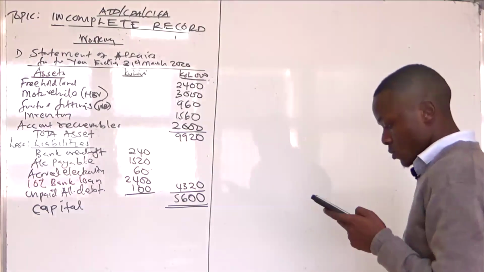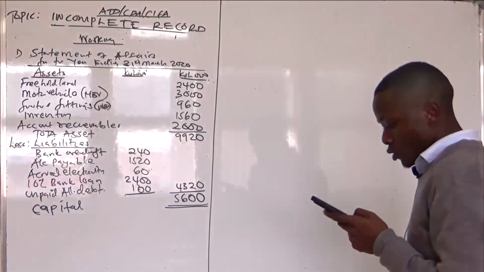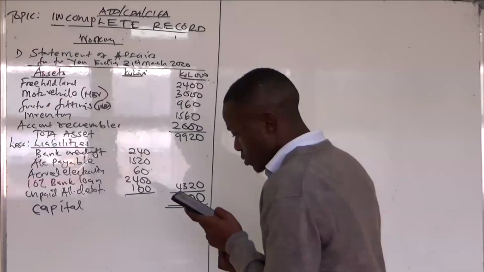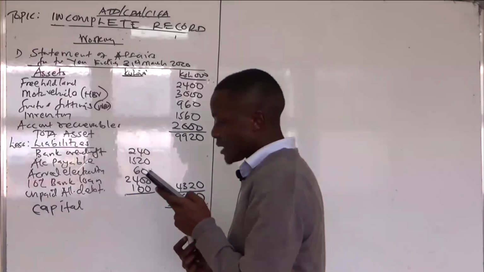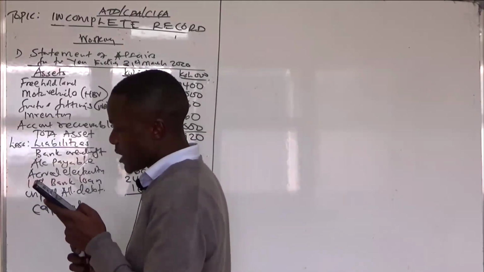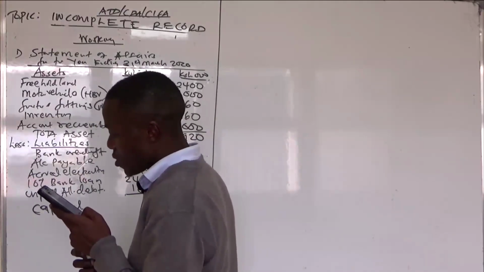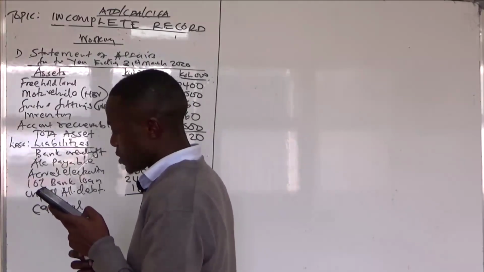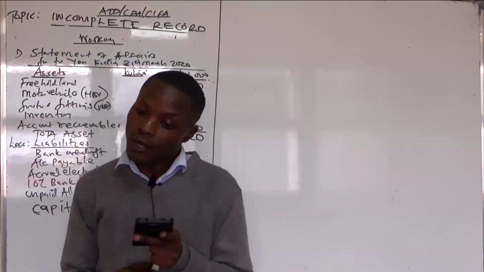Working number 2. When you were reading this account, below it, note number 1: the following transactions took place on 31st March 2021. Sales and purchases on credit amounting to 80, 320 and 7600. Here there is a control account.